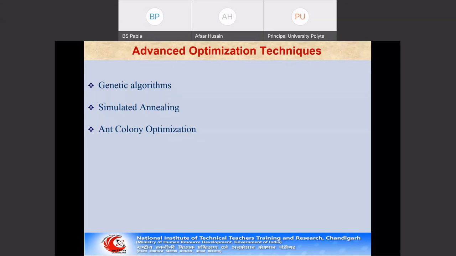What we do is we take it to a very high temperature, then slowly we cool down. But here it is again going to the top at a very fast rate, and then in between also you can find out which is the best way to go. And ant colony optimization, this is very important.